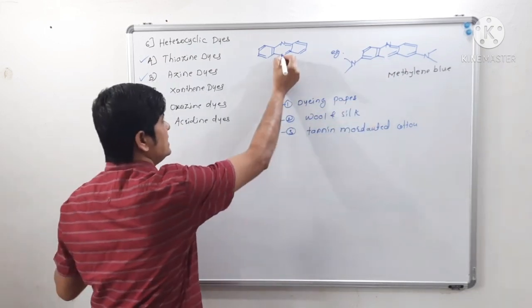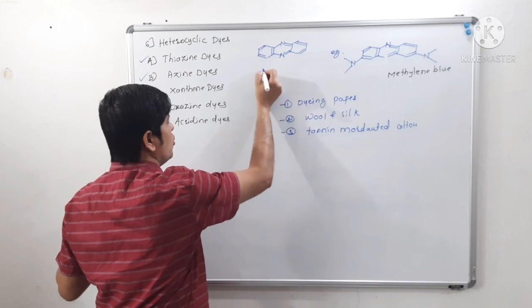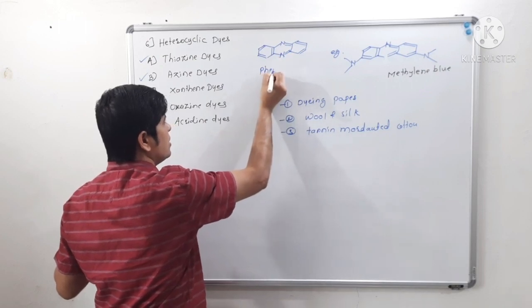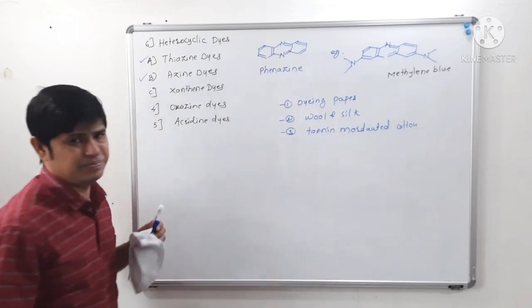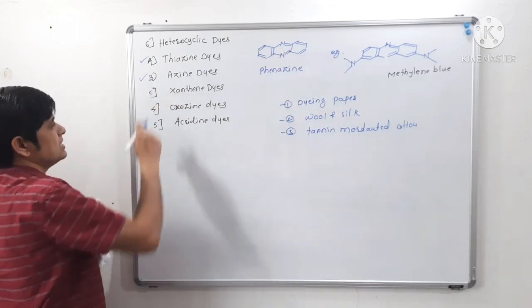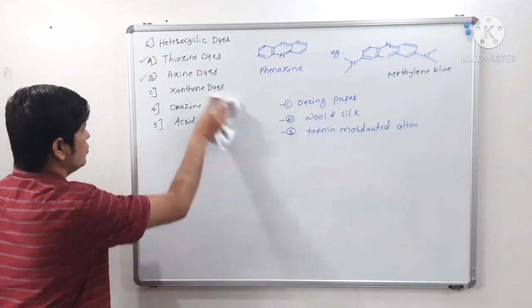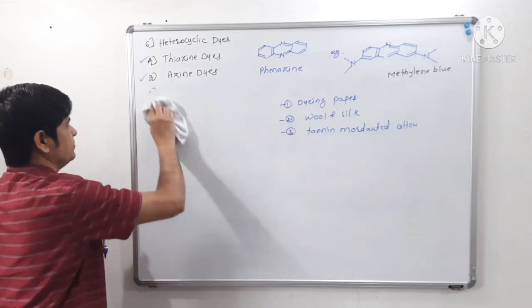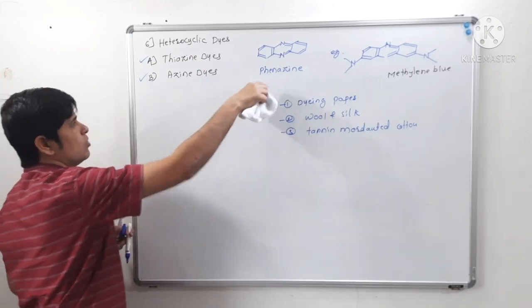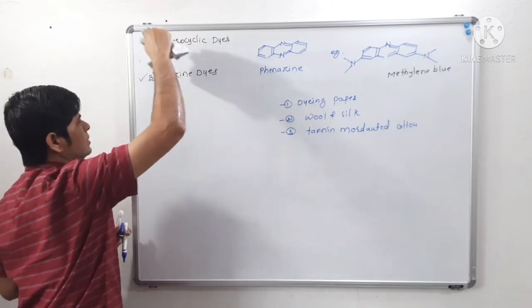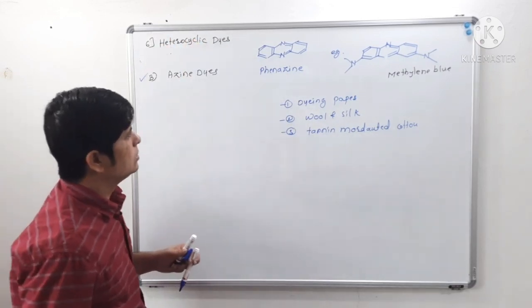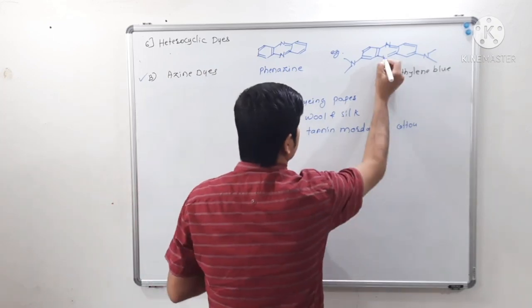Now in azine dyes, the example structure is phenazine. This is your azine dye.